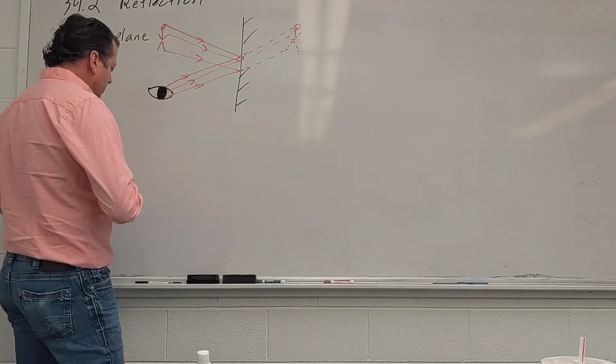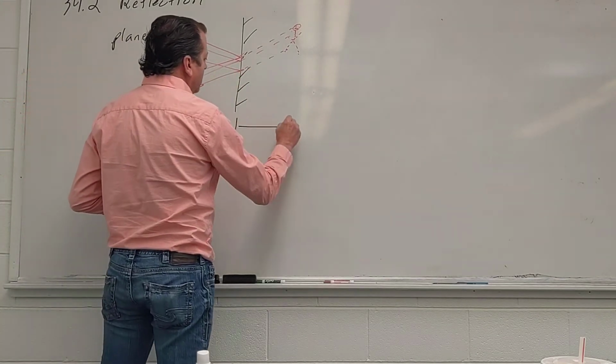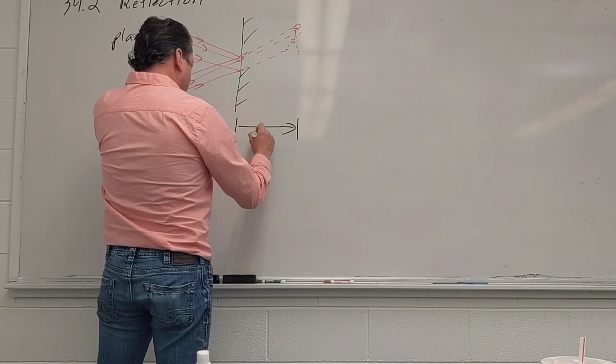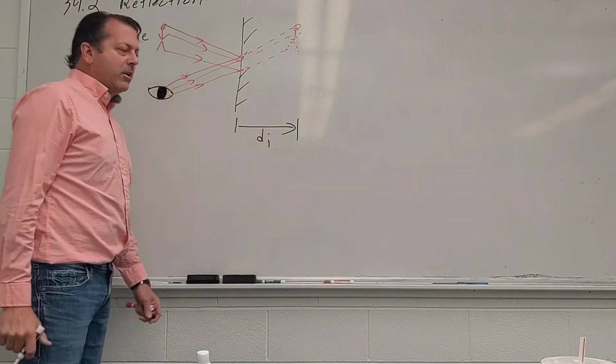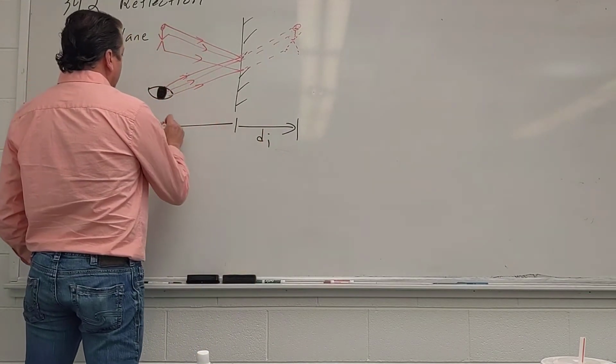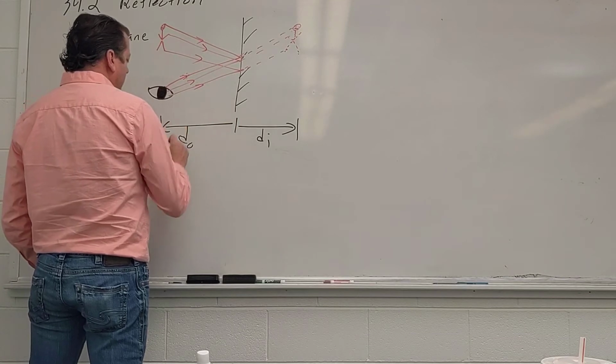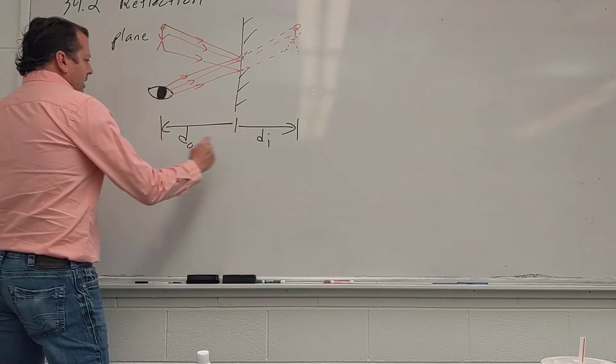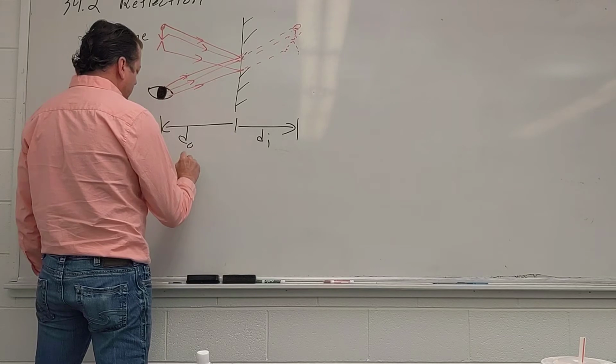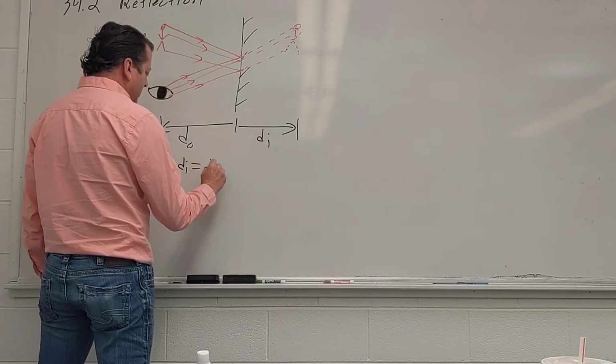What I will say is that this image distance here, we'll call this DI for image distance. This is DO for object distance. And we'll say that the image distance equals the object distance.